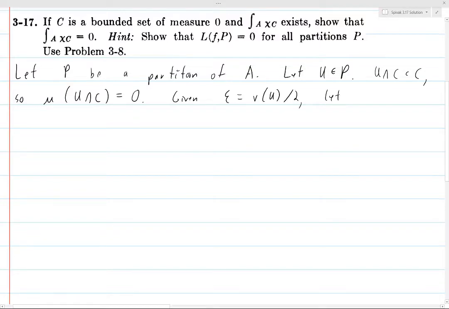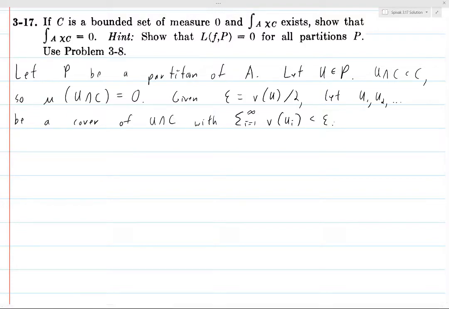So let U1, U2, etc. be a collection of sets that cover U intersect C, such that the sum from i equals 1 to infinity of the volume of Ui is less than epsilon. We know that this can be done because U intersect C has measure 0, and this is the definition of being a set of measure 0.